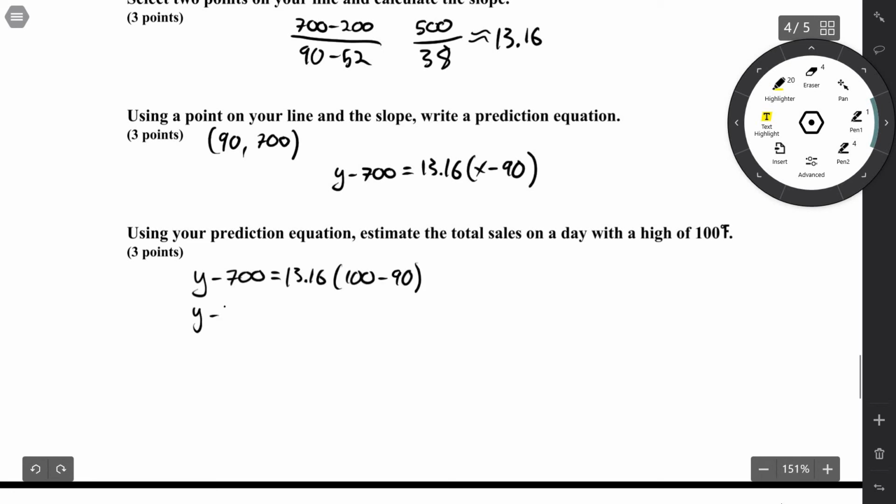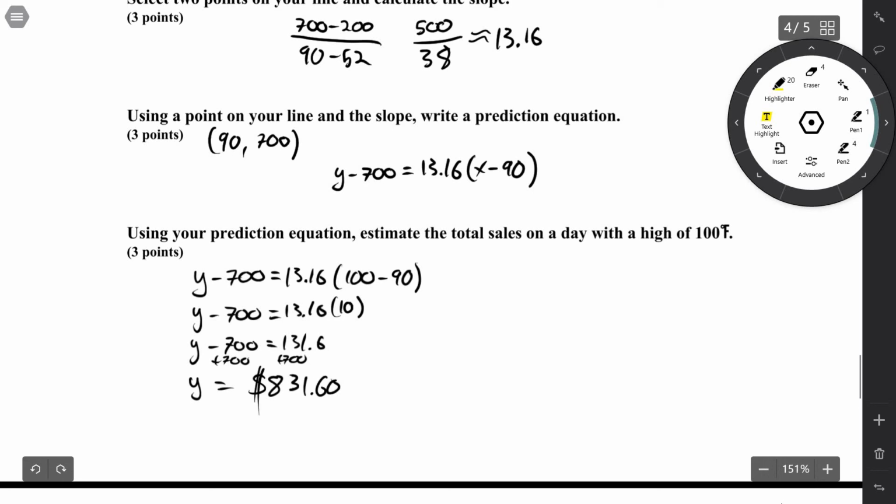So we get y minus 700 equals 13.16 times 10. Y minus 700 equals 131.6. And that would give us y, once we add 700 to each side, y equals $831.60. That's what we're looking for there.